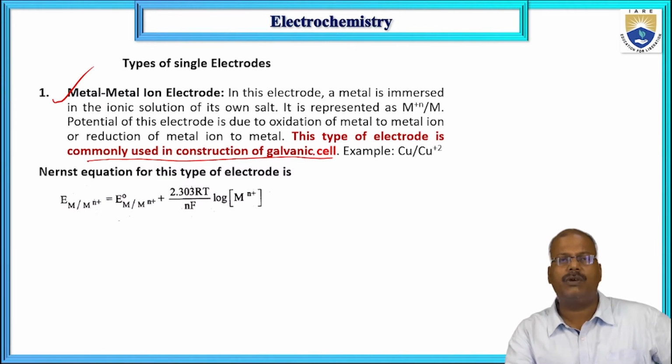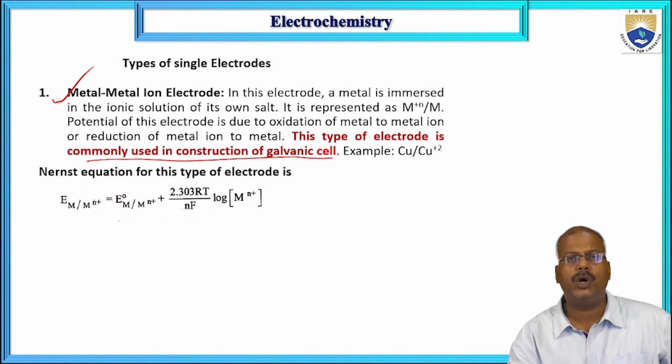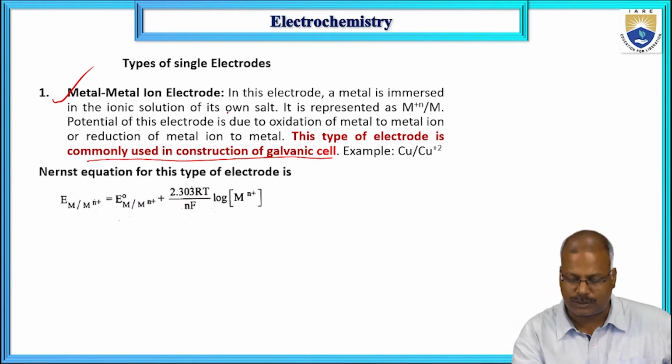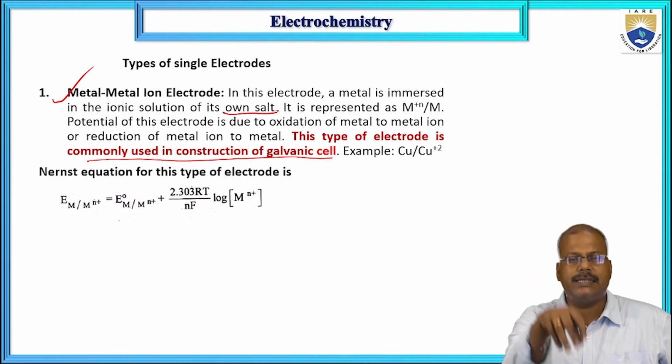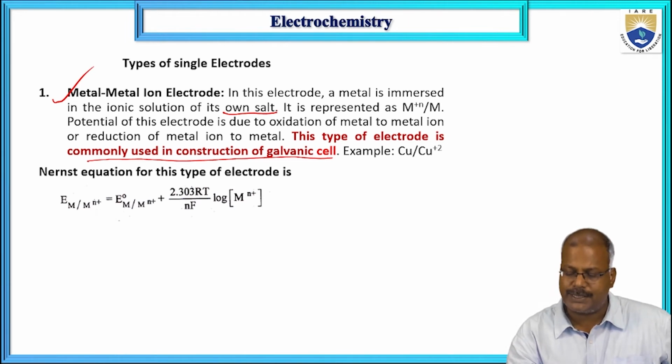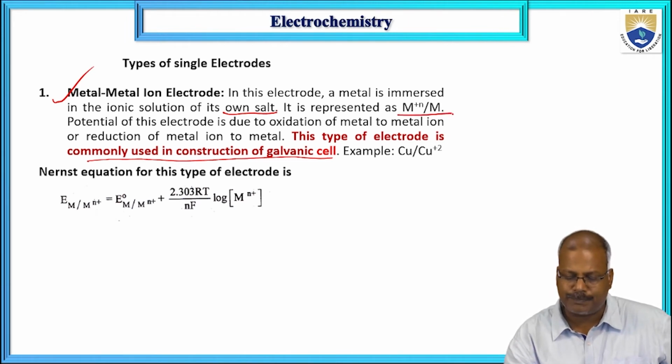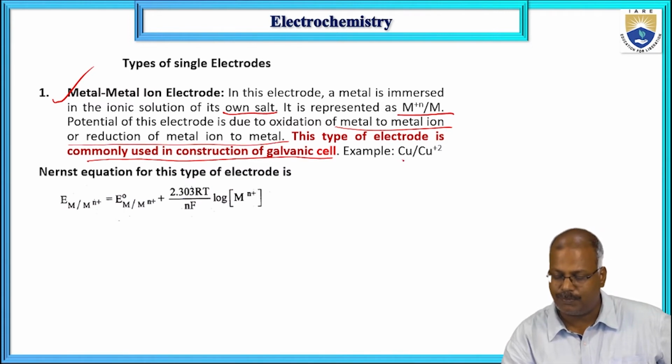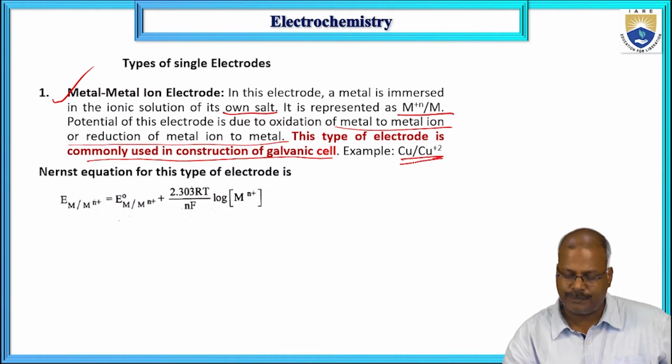In this electrode, a metal is immersed in the ionic solution of its own salt. Zinc in zinc sulfate, copper in copper sulfate, like that. It is represented as M^n+ | M. The potential of this electrode is due to oxidation of metal to metal ion or reduction of metal ion to metal, for example Cu2+.